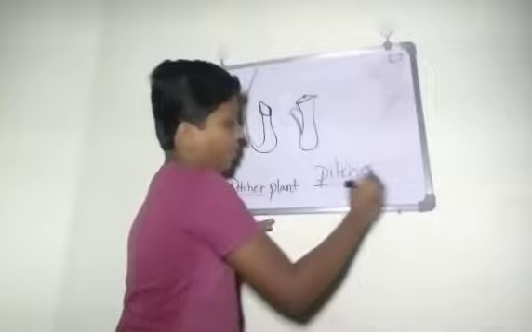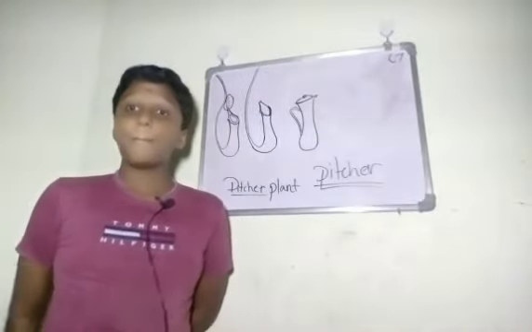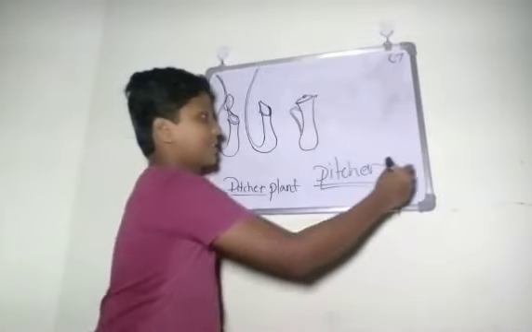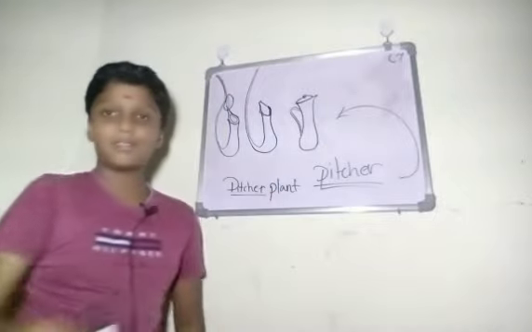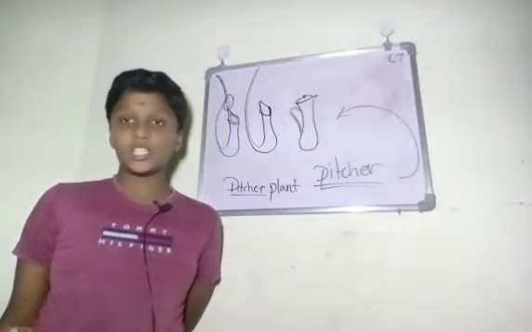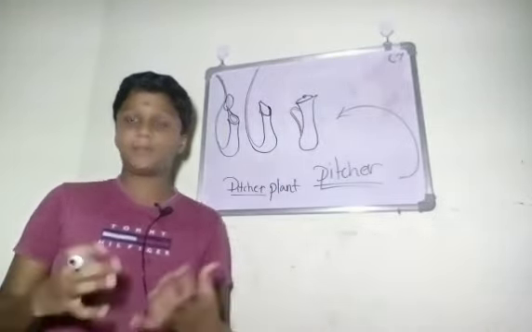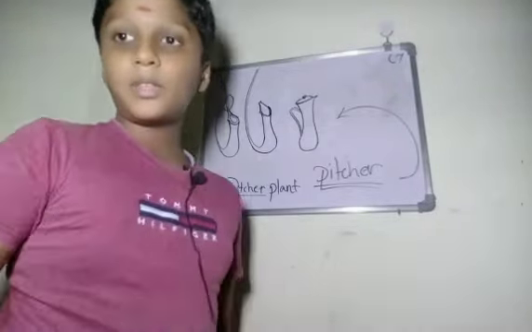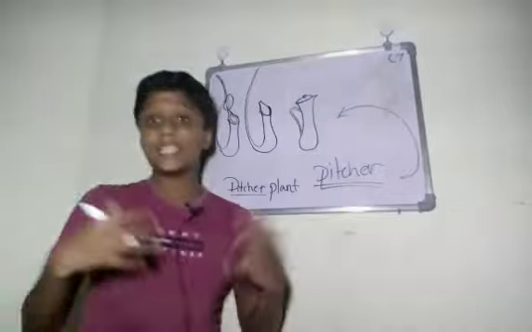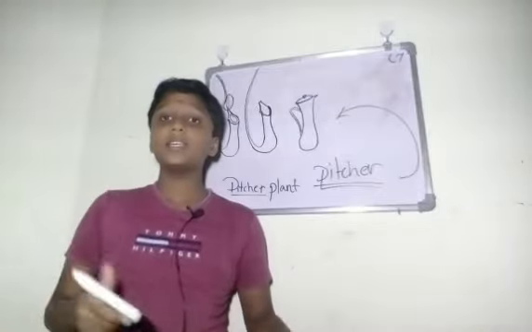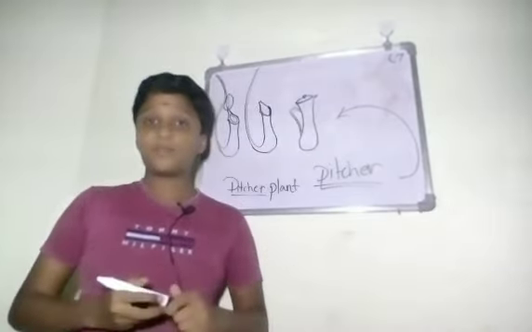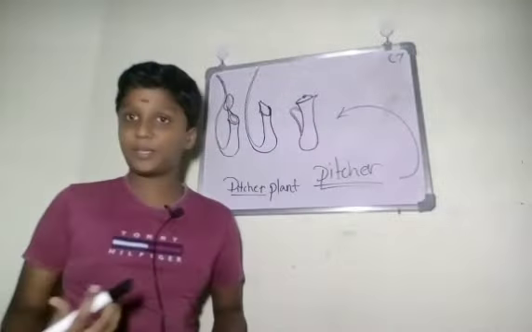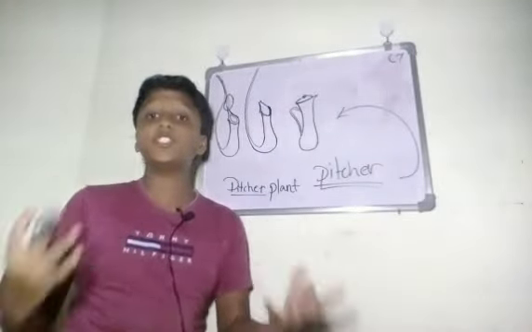So what are pitchers? Pitcher, what does it mean? This thing, a jug. Okay, pitcher shaped means jug shaped. So pitchers are just these jugs. So when the leaves are modified into pitchers, it means jug shaped.